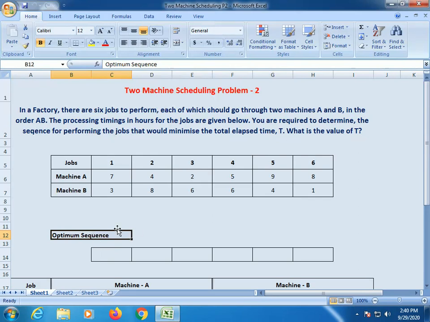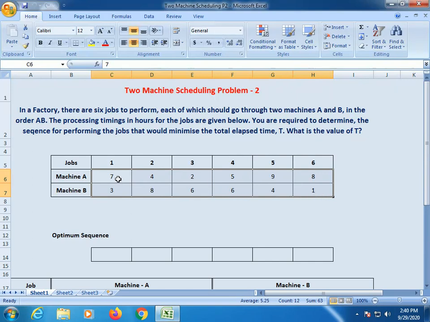Optimum sequence: first we have to take all the processing times relating to machine A and machine B, and we have to identify the shortest processing time among all the processing timings.